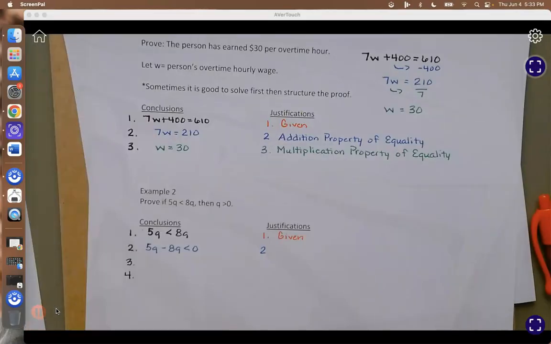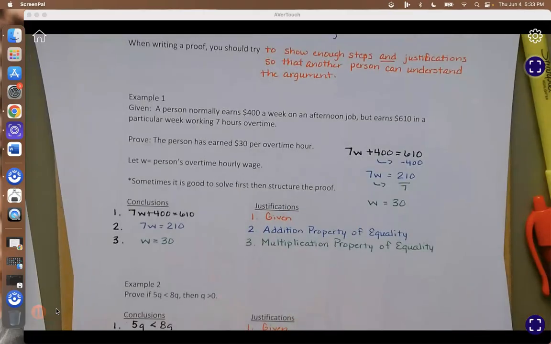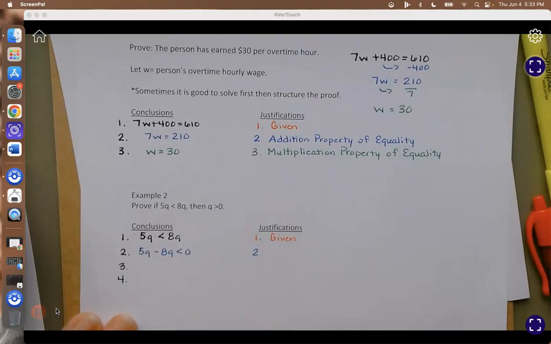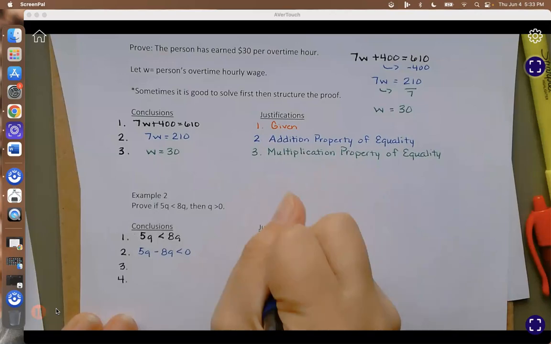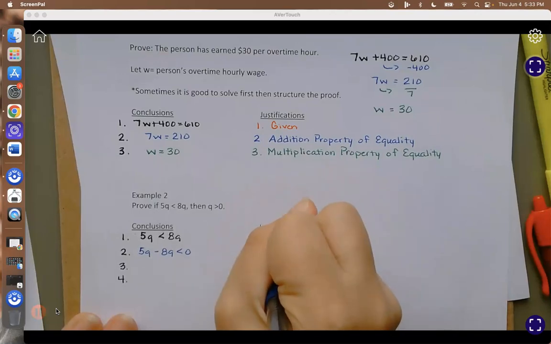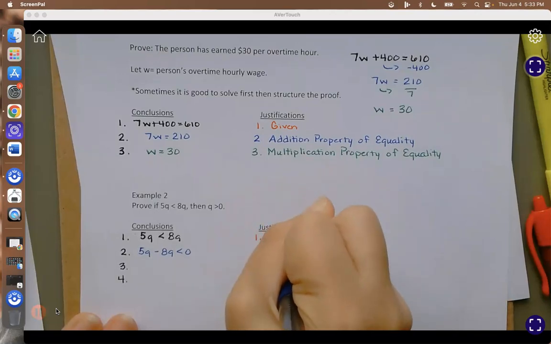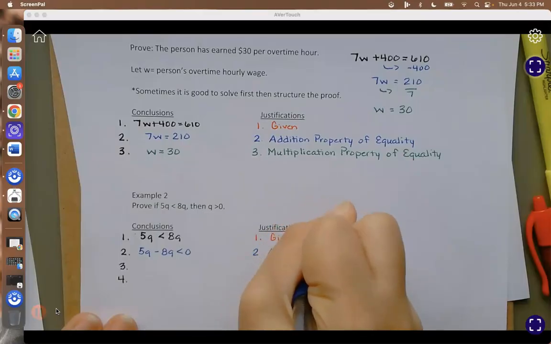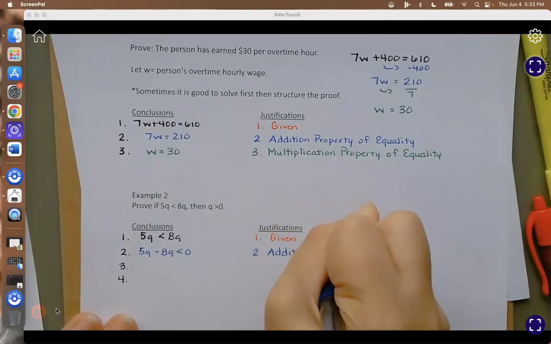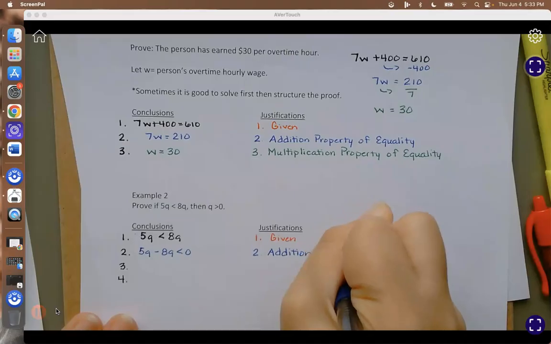Okay. And I will let you use your property sheets on a quiz or test. So that's going to give me, we're subtracting. So remember, when we do any kind of subtracting or adding, it's the addition property, and this isn't an equation.